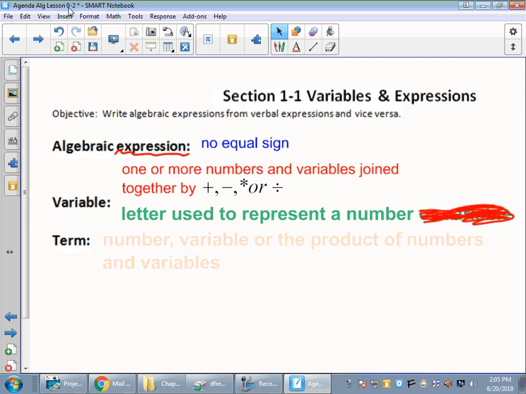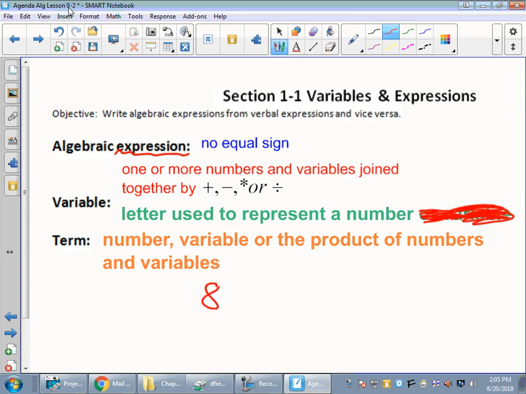And then when we use this phrase term, a term is a number, a variable, or product of numbers and variables. So in this case, we know what a number is, right? We can use the number 8. That's a term. Another term you could use would be just the variable.